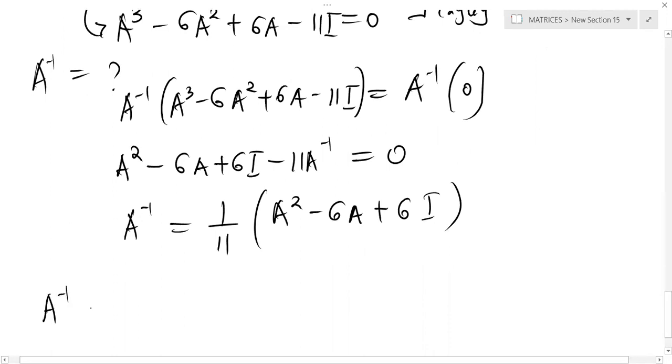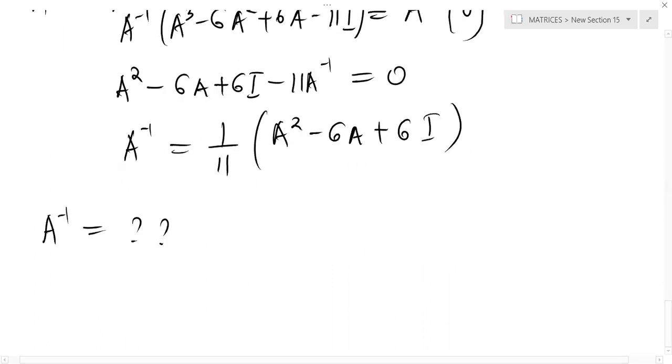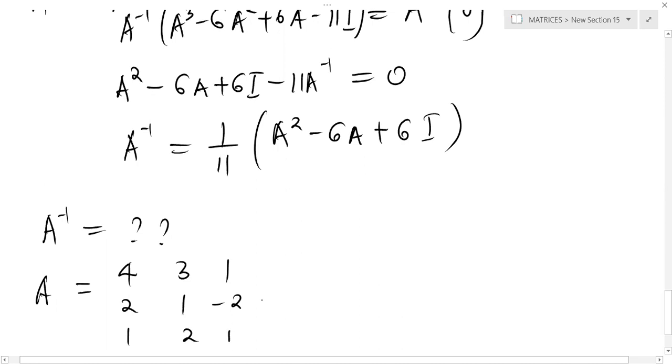So A inverse will be equal to, so let's start by getting A squared. So what is A squared? Our A was equal to 4 3 1, 2 1 minus 2, 1 2 1.